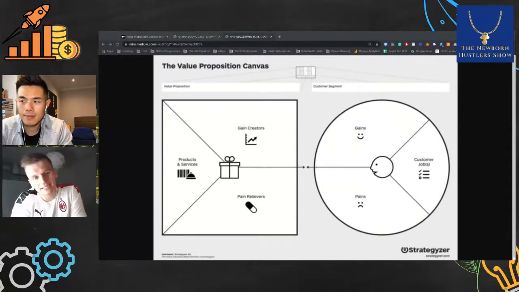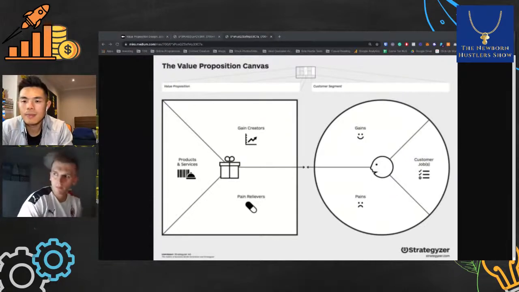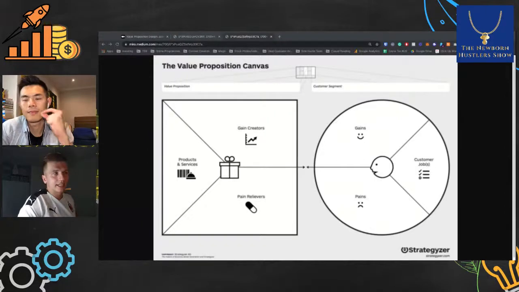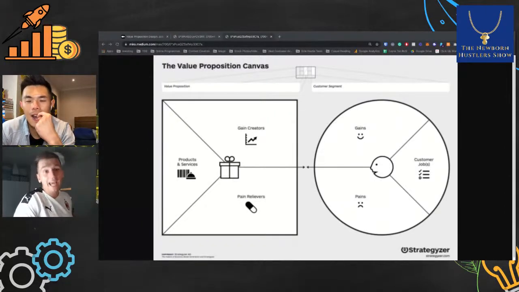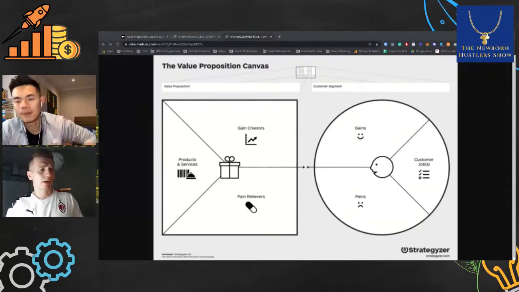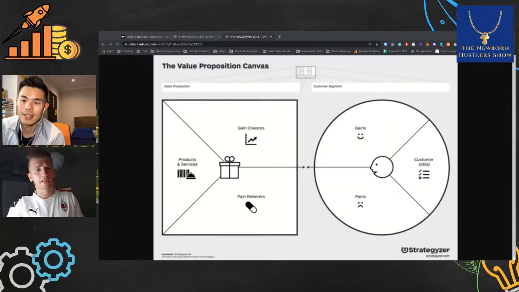But in my sense, most of the time, in some industries, you have very similar products, in that sense that they satisfy these pains. They have these pain relievers. Pain relievers are more or less the same, and gain creators, that's the area where you have a bit of a play around, and you can differentiate yourself on the market, right?